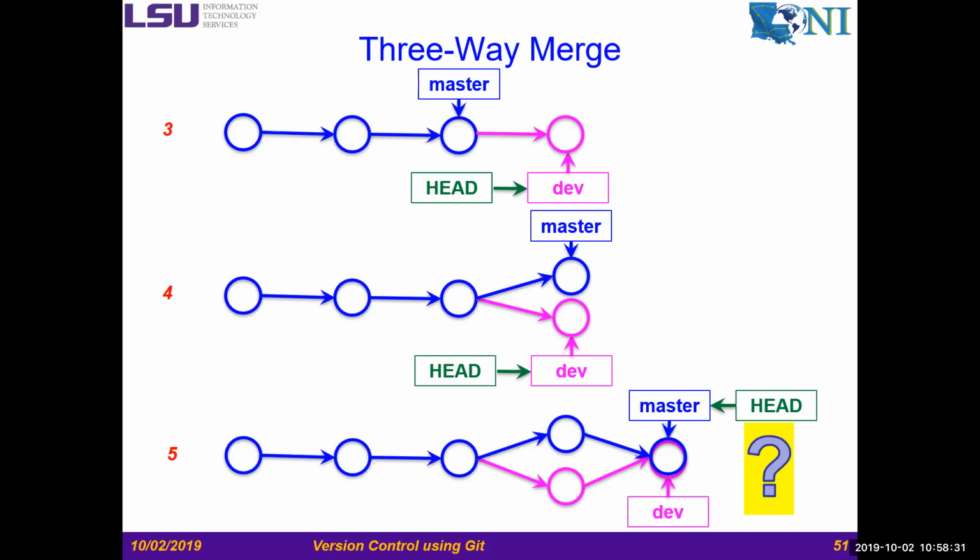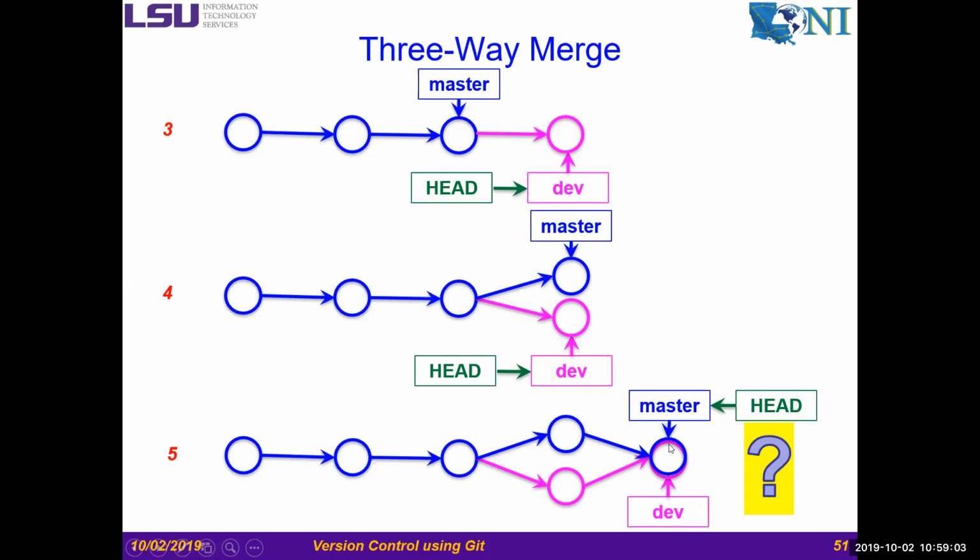For example, now at this point, you are developing a new feature and you reach this commit. At the same time, after you spend a week, the other people on the master branch reached this point. Now, you are ready and they are ready, you are going to merge. However, there will be a problem at this point. What is the problem?